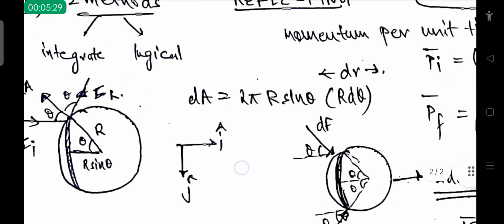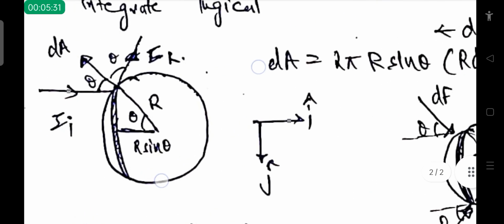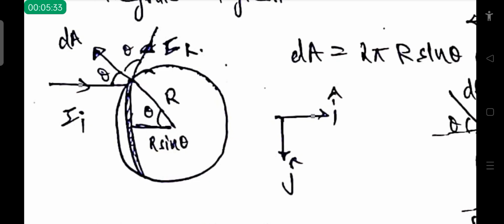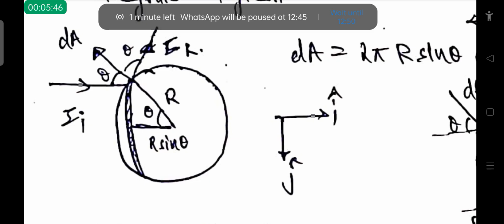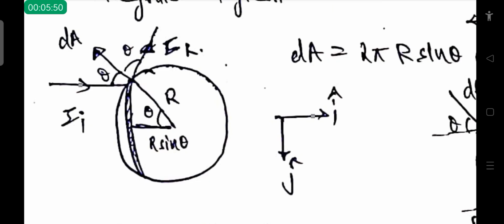Now the sphere is completely reflecting. First of all, I took a ring, or you can say a disc basically, because it's a sphere. I've taken a disc at an angle theta from the center, and the radius would be r sin theta.